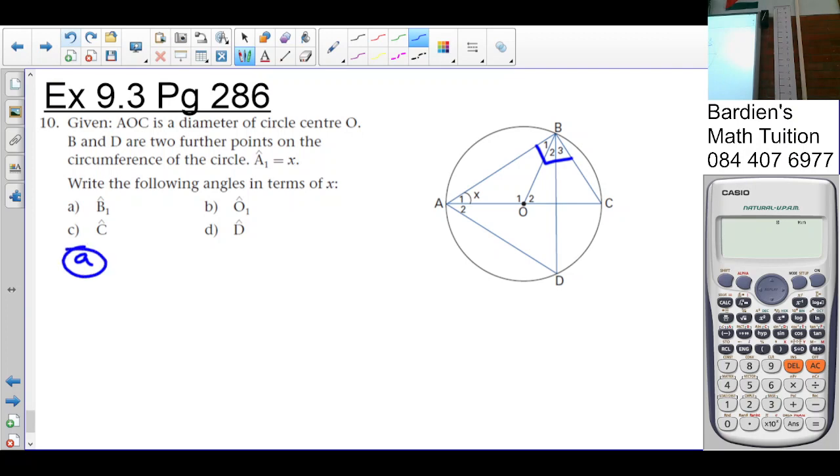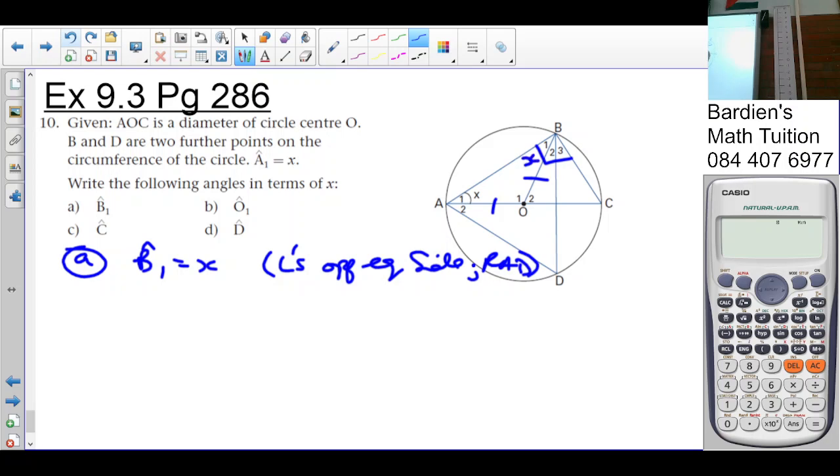So B1 is what? You see, those lengths are equal. So angle B1 is equal to x. Why? Angles opposite equal sides. The radius. We didn't use that yet. Please look at B. O1.